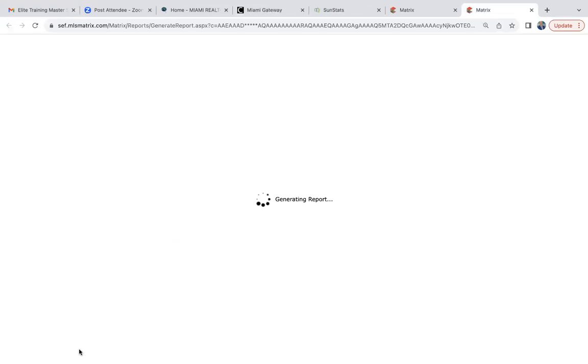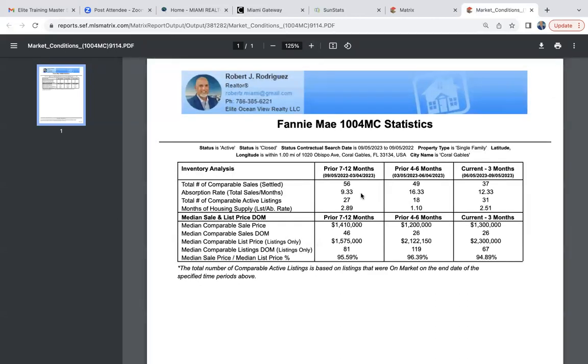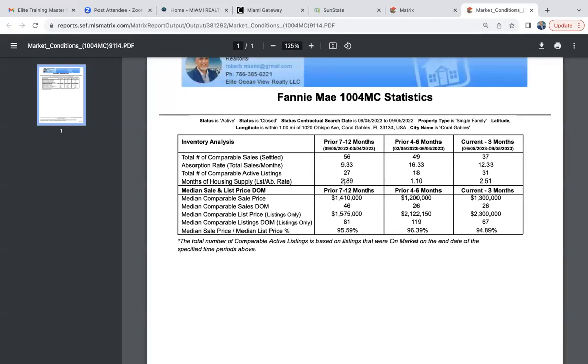Within a half a mile of that subject property, we are currently looking at a pretty decent seller's market. We're looking at almost 3 months of inventory, then down to 1 month of inventory. What happened here? We went from 27 active listings down to 18 active listings. We went from 9 sales per month up to 16 sales per month.